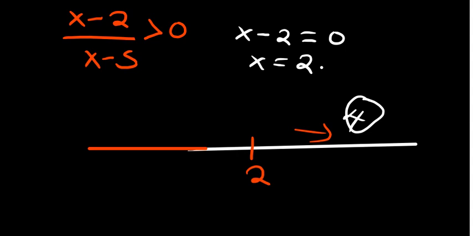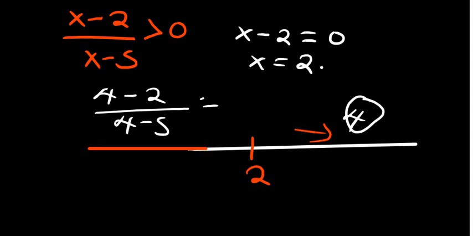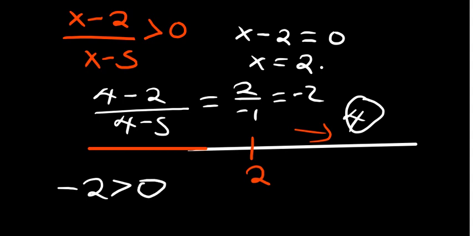What are we going to have? 4 minus 2 over 4 minus 5. This is going to be equal to 2 over negative 1, which is negative 2. So if I ask you, is negative 2 greater than 0?